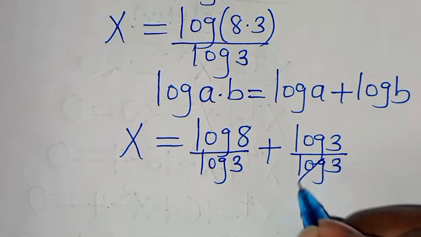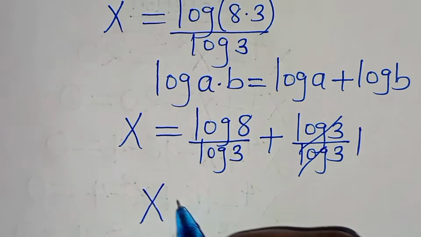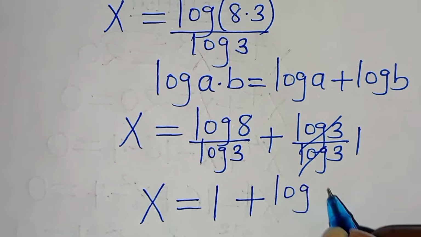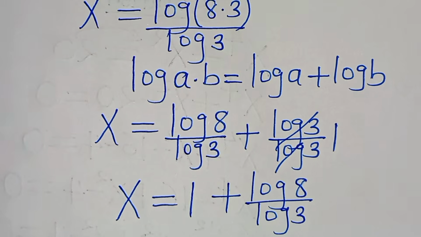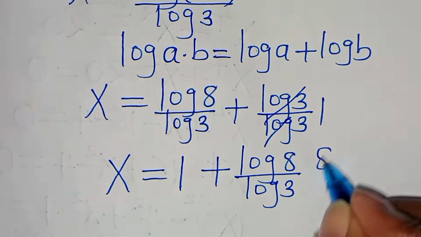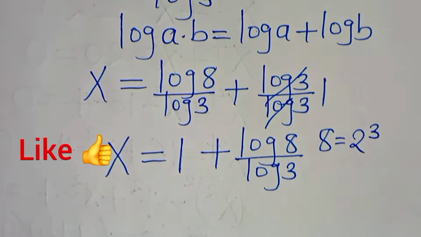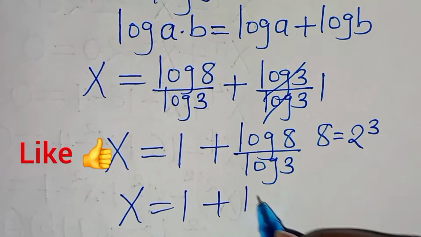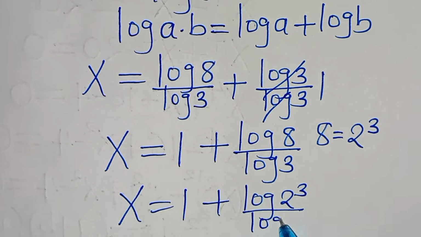Now, log 3 and log 3 simplifies, so this is 1, so that now x is equal to 1 plus log 8 divided by log 3. Now, we can express 8 basically as 2 to the power of 3. And this implies we have x equal to 1 plus log 2 to the power of 3 divided by log 3.